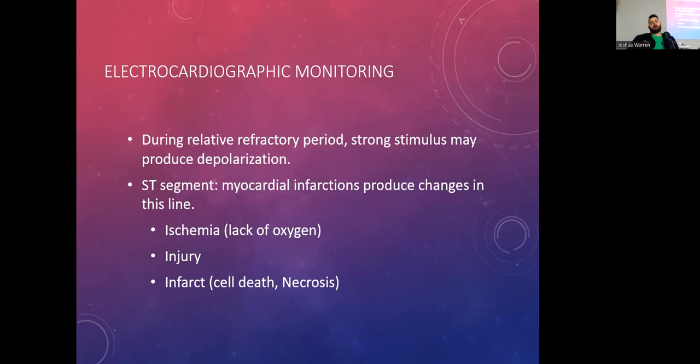Infarct, the cells are dead and necrotic. Remember how we had levels to the respiratory distress? You had respiratory distress, failure, and then arrest, going from bad to worse. Bad to worse for your MIs is ischemic tissue, injured tissue, infarcted tissue, because infarct means dead.